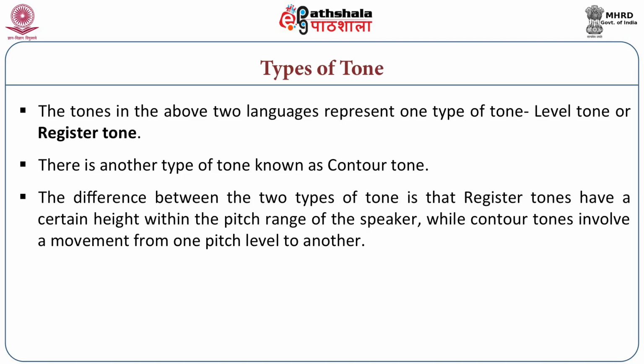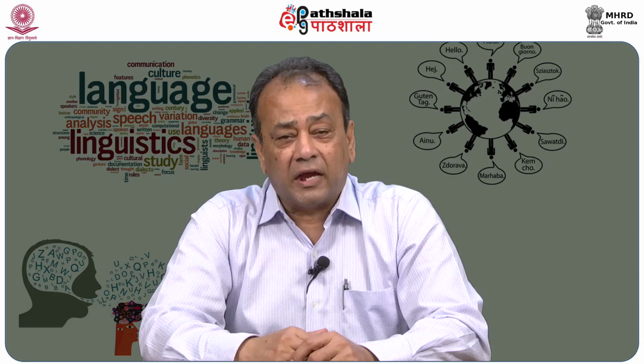In some languages, we also have contour tones. The contour tones are those which involve a change from one level to another. From a high level to low, called falling tone, from a low level to high, called rising tone.